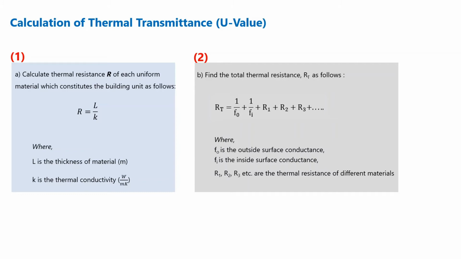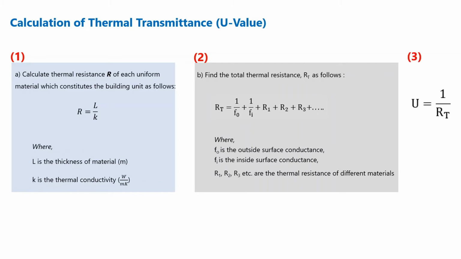The heat transfer with the effect of that friction is called the heat transfer coefficient. Fi corresponds to the interior side and Fo corresponds to the exterior side. The values are constant values which are again described in the SP41. So with these values we can find out the total thermal resistance.